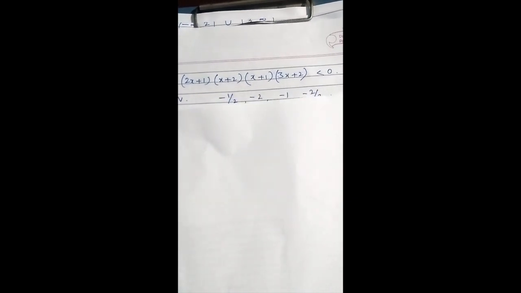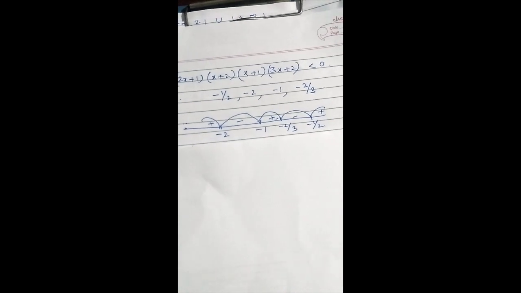So when I do that, I will see that one factor from the denominator will cancel off, and I'll be left with only 2x plus 1 times x plus 2 times x plus 1 times 3x plus 2 being less than 0. So therefore now, critical values will be minus half, minus 2, minus 1, minus 2 by 3 over here.